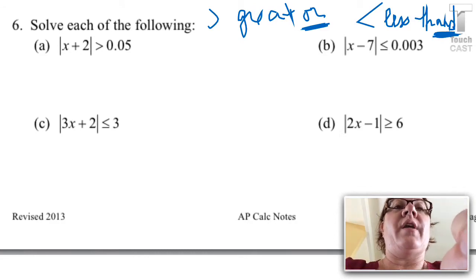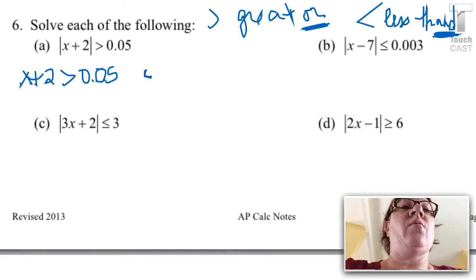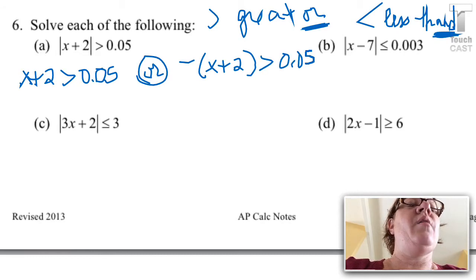So the first statement, I drop the bars, keep everything the same. Then I'm going to join this with an or. And the second one, because I'm really working off of the negative, so what's really happening is this: I have the negative version greater than 0.05, but we remember that if we want to get rid of the negative on the left side, we divide it out.